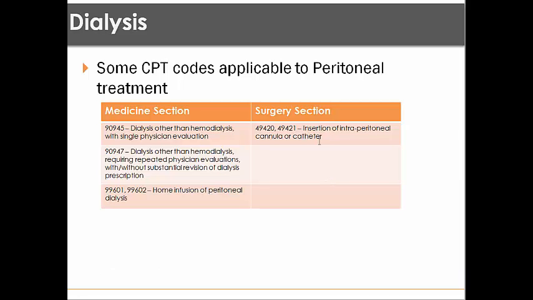If they had an insertion of an intraperitoneal cannula or a catheter, you would find it in the surgery section under 49420 or 49421. And here are some treatments for the peritoneal treatment in the medicine section: 90945, 90947, and then for home infusion of peritoneal dialysis, 99601 and 99602.